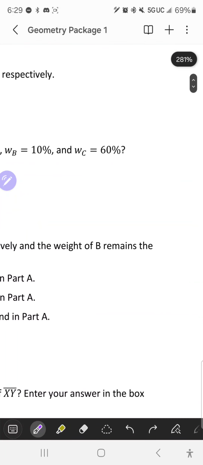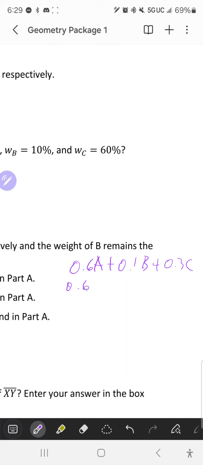So this time it is going to be 0.6A plus 0.1B plus 0.3C. So 0.6 of 2 plus 0.1 of 7 plus 0.3 of 8.